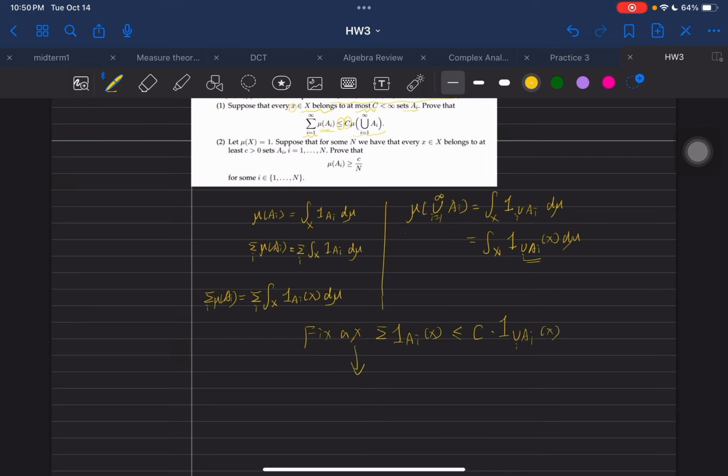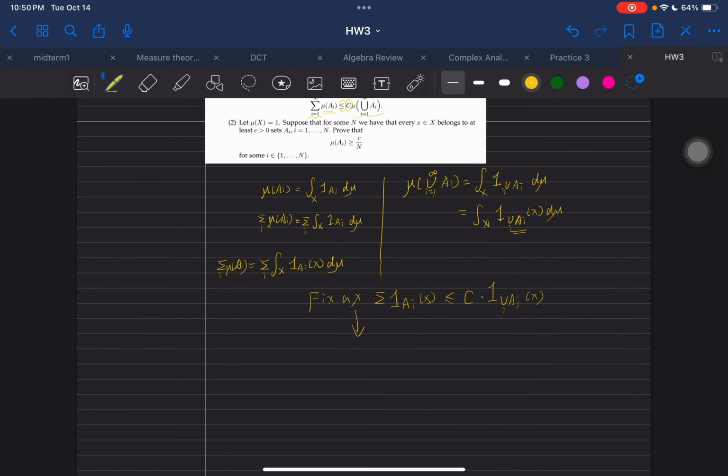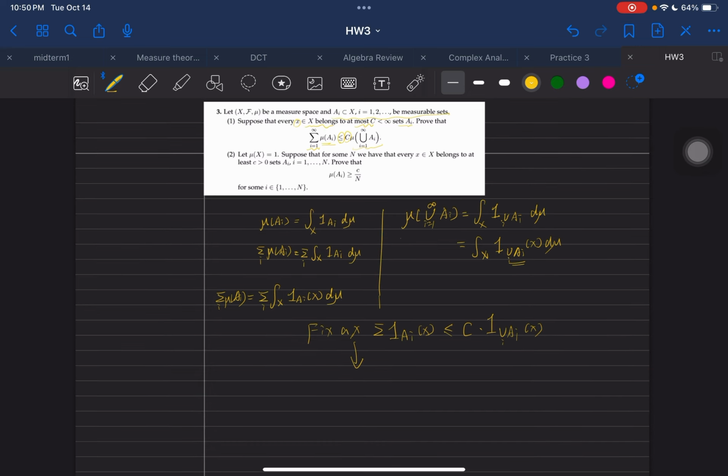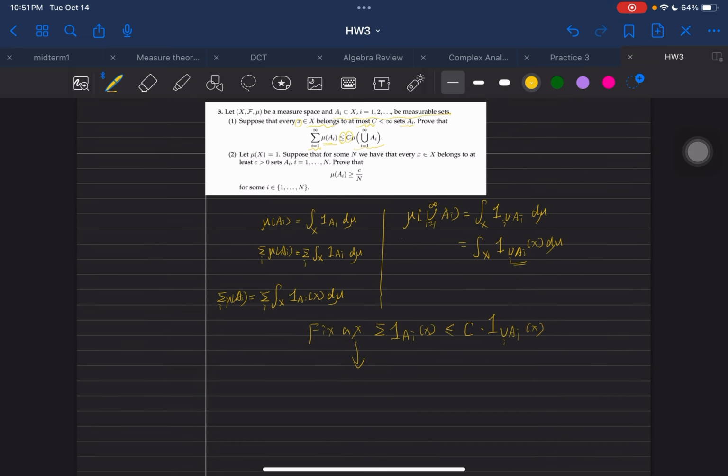Then we can argue that as it holds for a fixed x, it must hold for every x. So then we get the inequality by taking the limit.